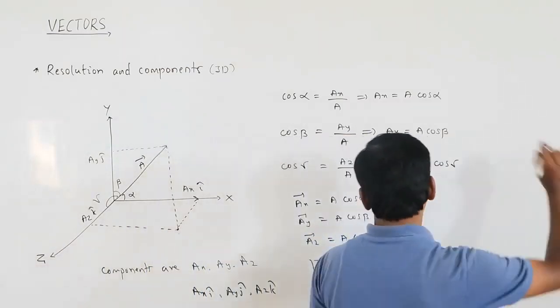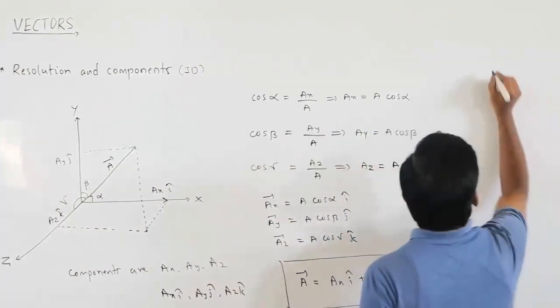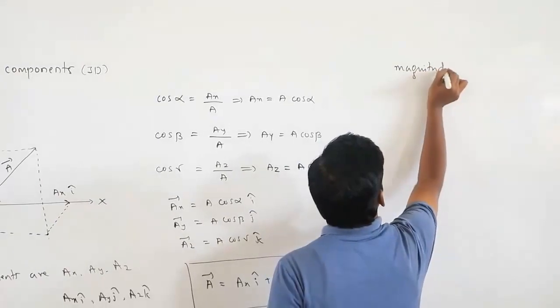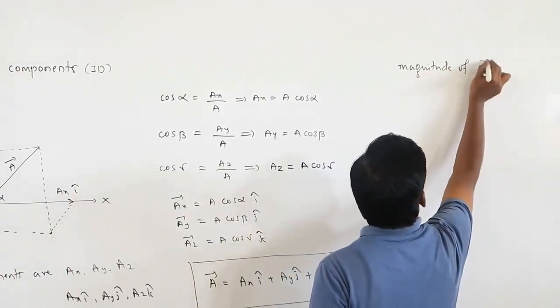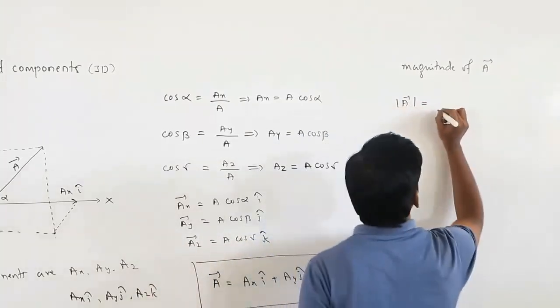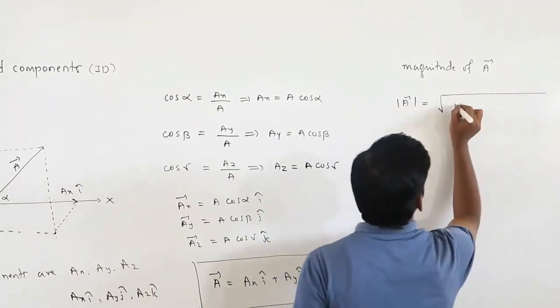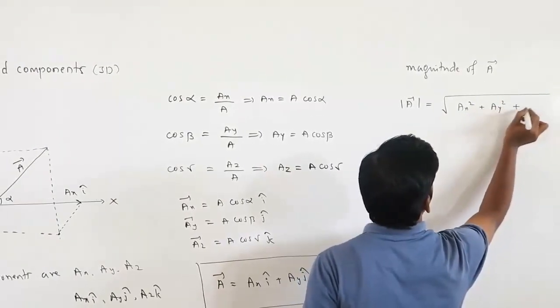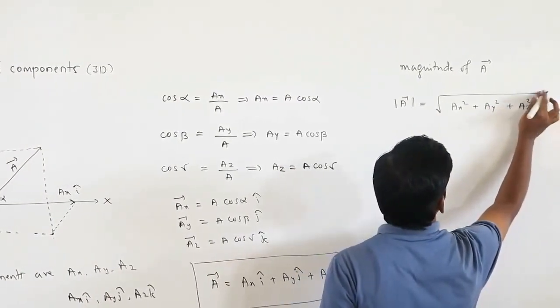Now what about the magnitude of vector A? The magnitude of vector A is very simple. You have to take the square root of ax square plus ay square plus az square.